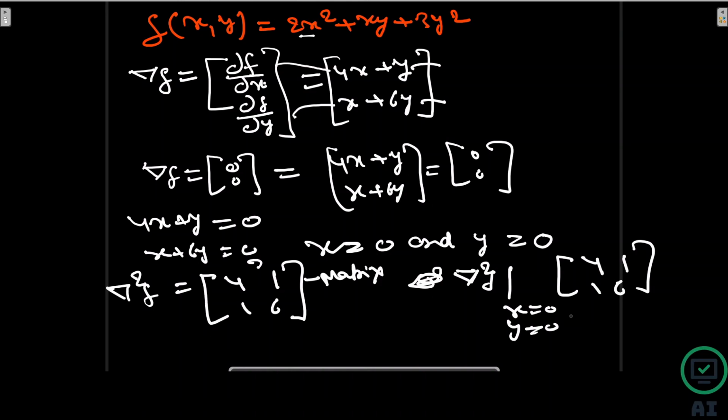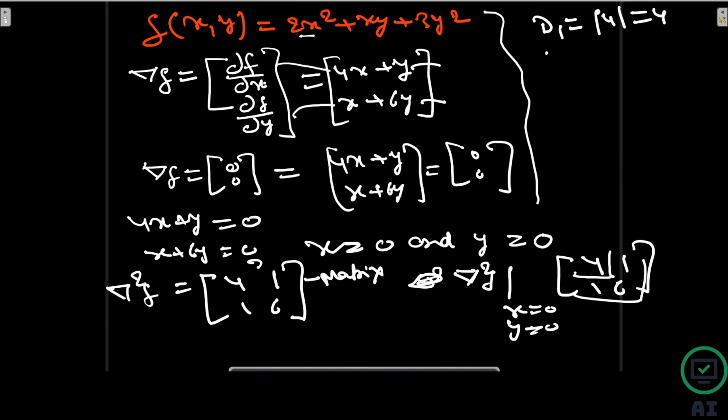Now let's find the leading principal minors. This is one leading principal minor, and another one is this matrix. The first leading principal minor is nothing but the determinant of this element itself, and D2 is nothing but the determinant of the matrix itself, which is 4 times 6 minus 1 times 1, equal to 23, which is greater than 0.